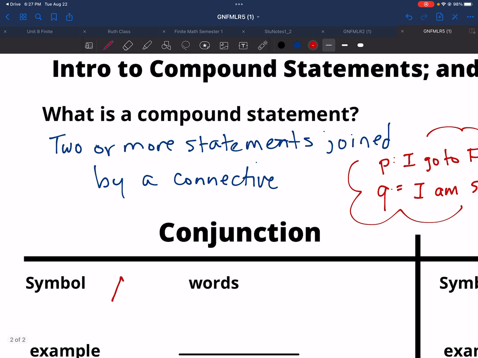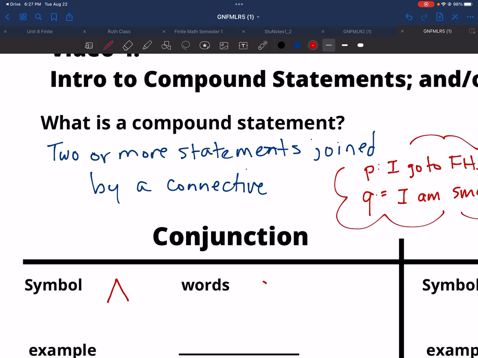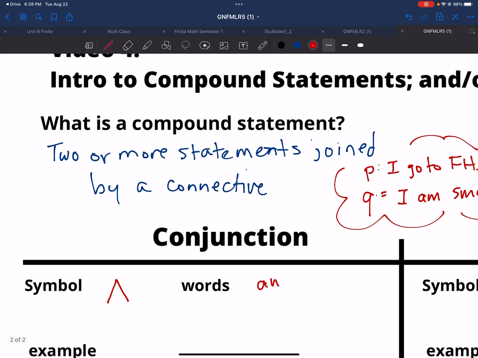For conjunction, sometimes we call it a caret symbol. If you look at a keyboard, it's above one of the numbers on the keyboard. And of course, with words in English, we use and, but, however, and nevertheless. So all of these are conjunctions.